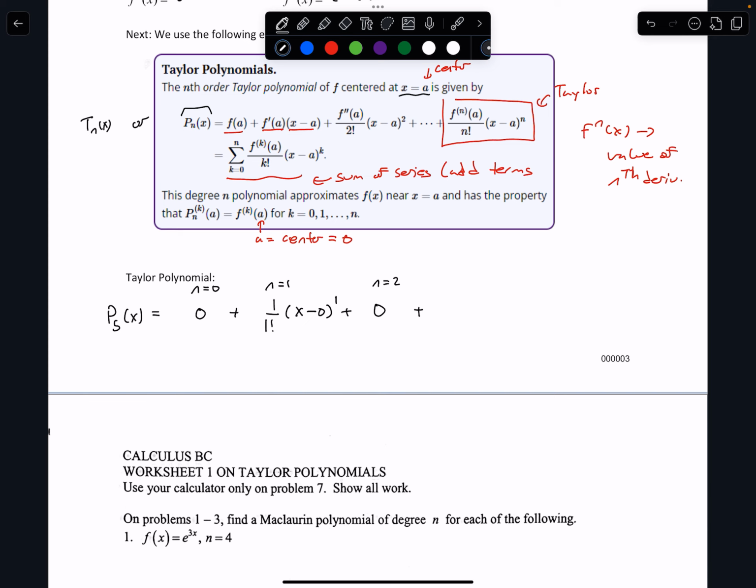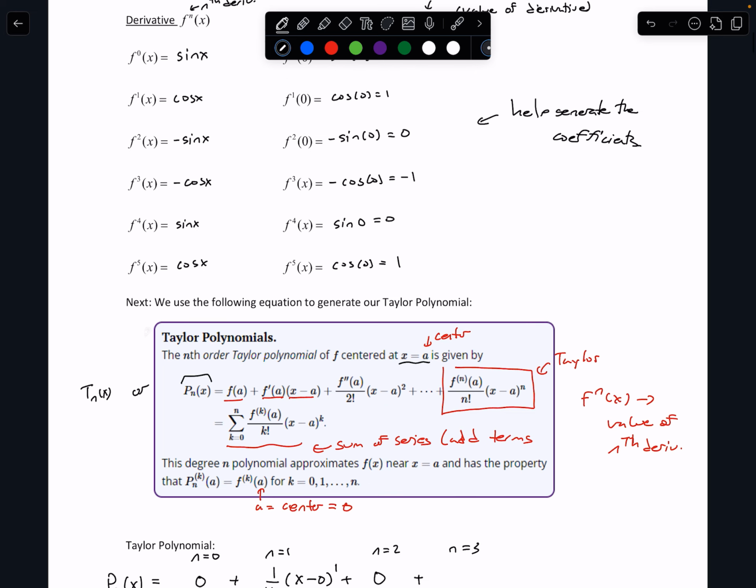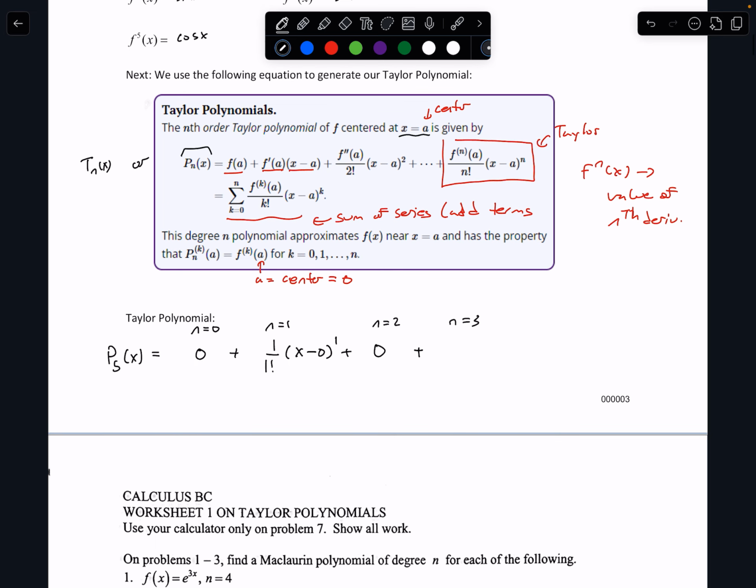And then plus, now we have to find the value of the third derivative because now we're on n equals 3. And for n equals 3, the value of the third derivative we said was -1. This becomes over 3 factorial, x minus 0 cubed. You see the pattern. Next, do n equals 4.